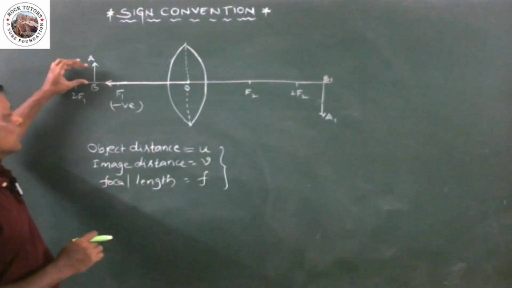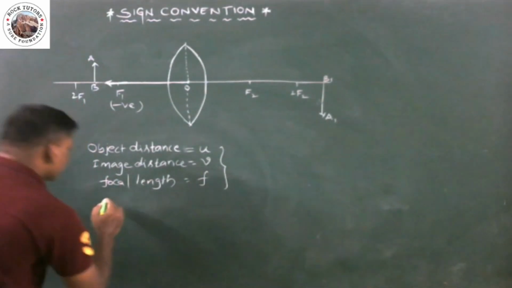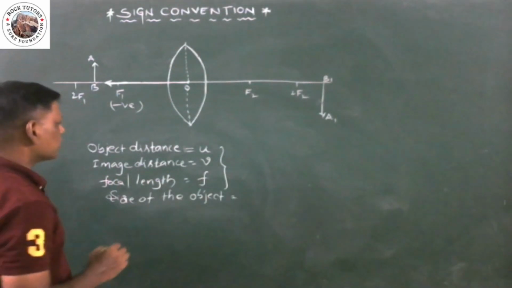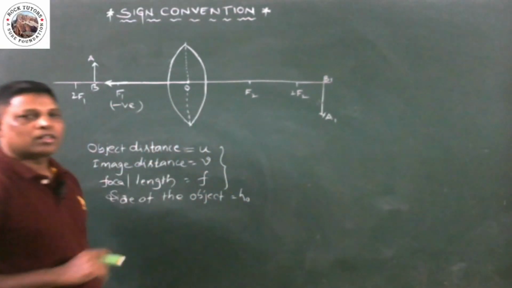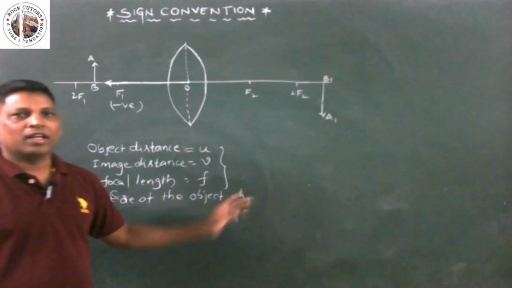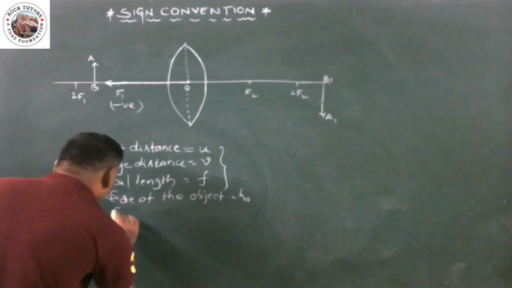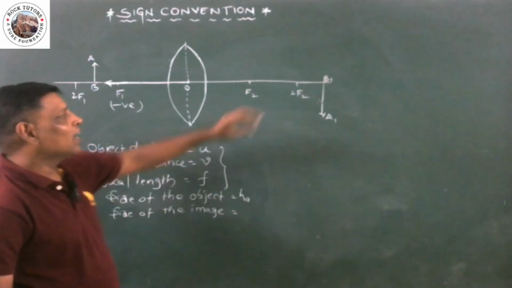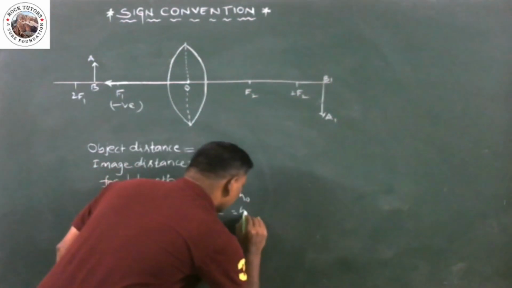For the size of the object, we use HO. H for height, O for object. For the size of the image, we take the height of the image, this is HI.